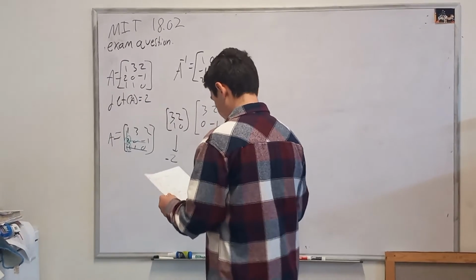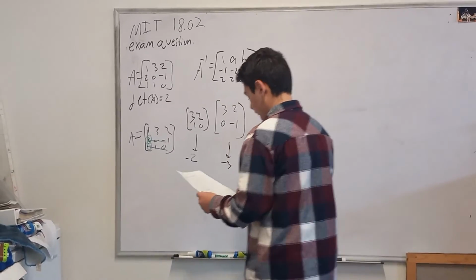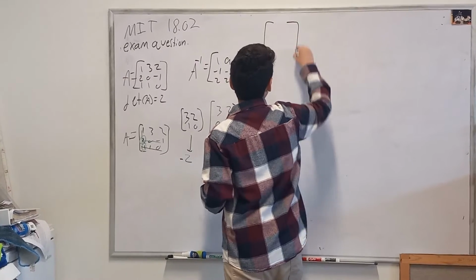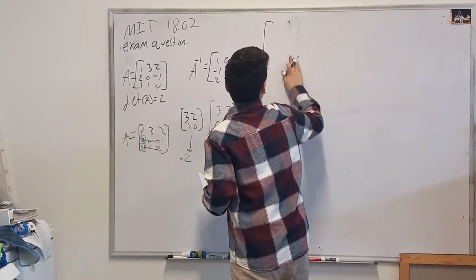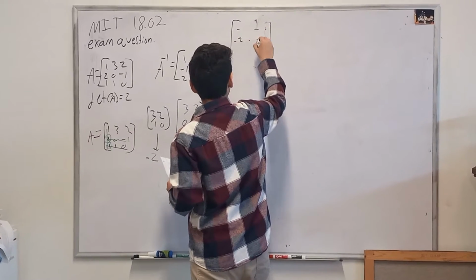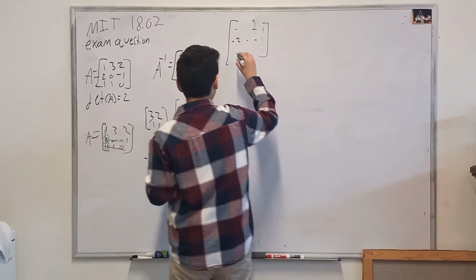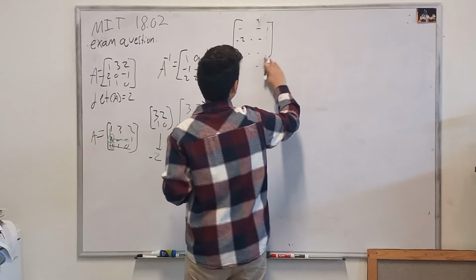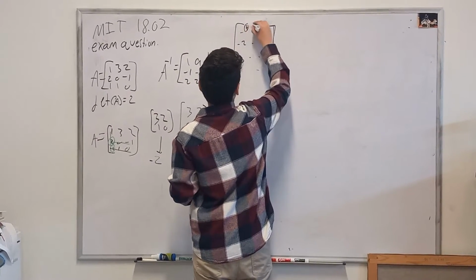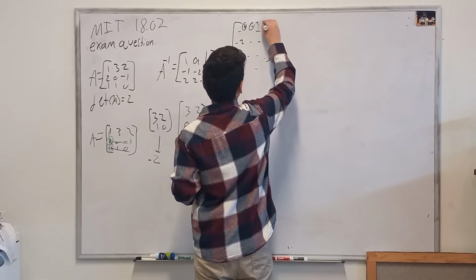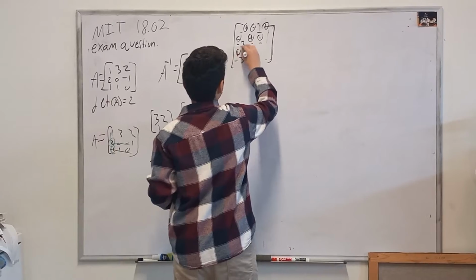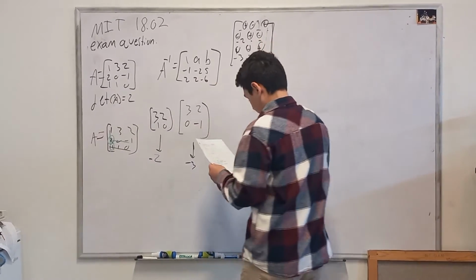Now we're going to use cofactors, so we know the rule. Let me plug in these minors real quick. Negative 2, negative 3. So it goes plus, minus, plus, minus, plus, minus, plus, minus, plus.